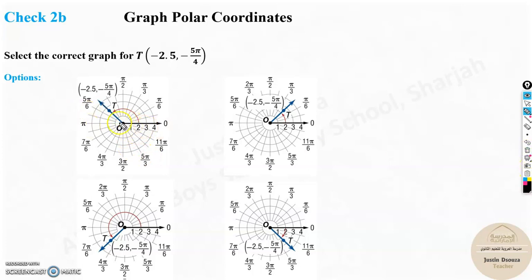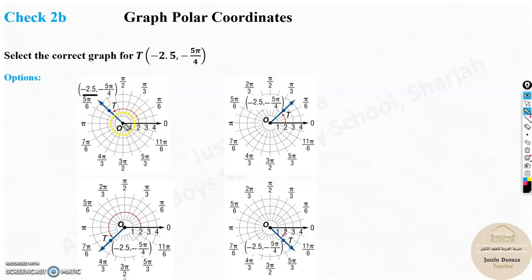That means what I'm trying to say is, see, this is the angle from here to here. It's minus 5 pi by 4. But don't take it upside. Don't take it over here, like up over here. No, take it in the opposite direction because it's minus. Minus means opposite. See, minus means the other side, right?